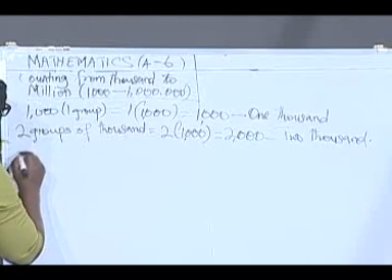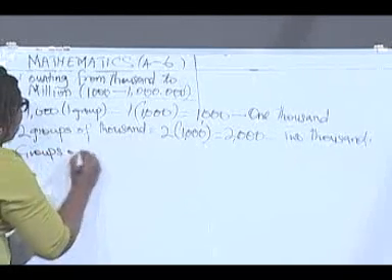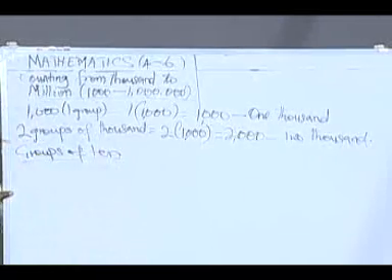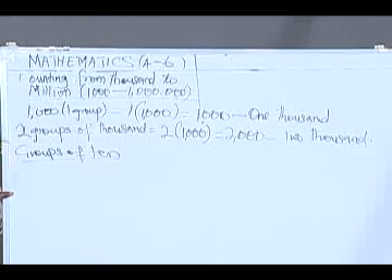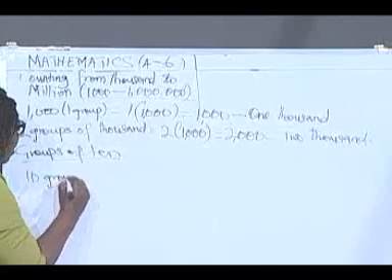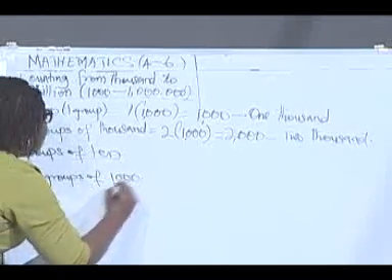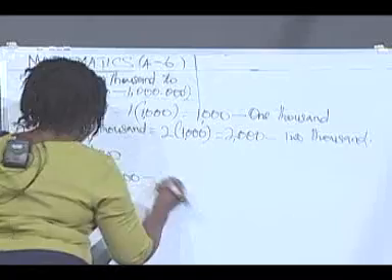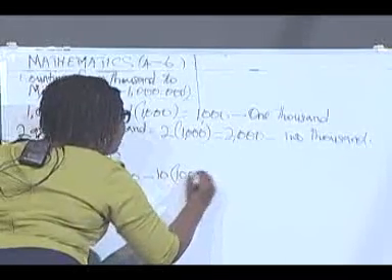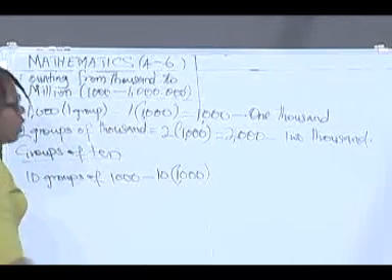In counting in groups of 10, we have 10 groups of 1,000. It should be 10 times 1,000. And that will give us what, children?